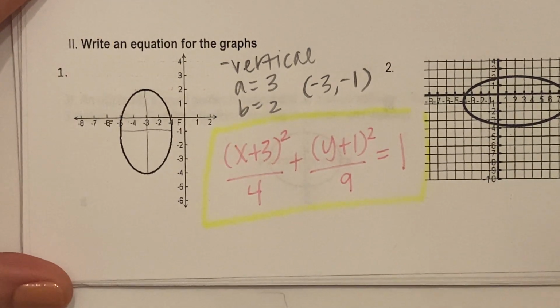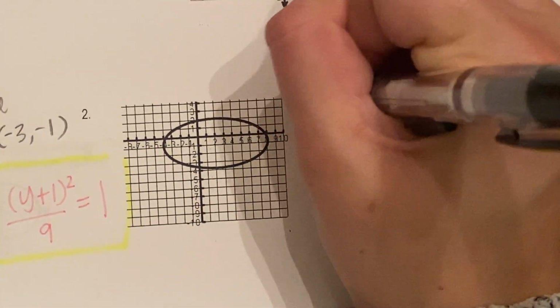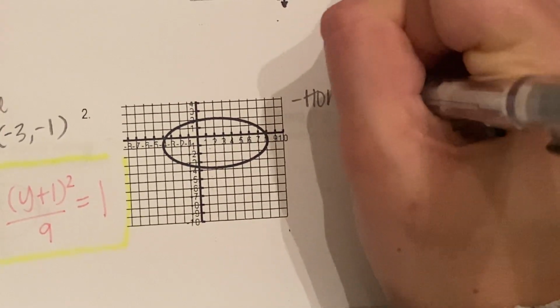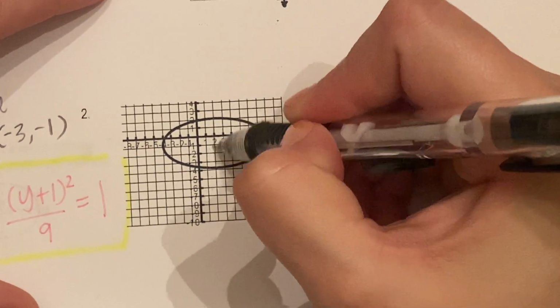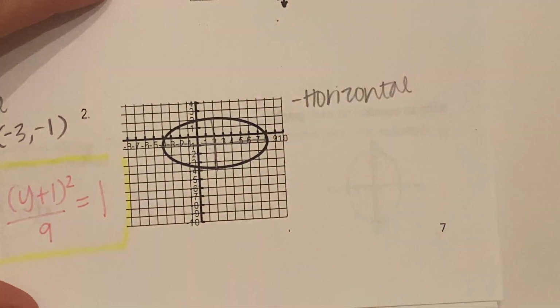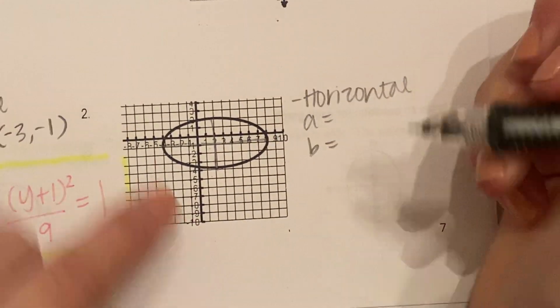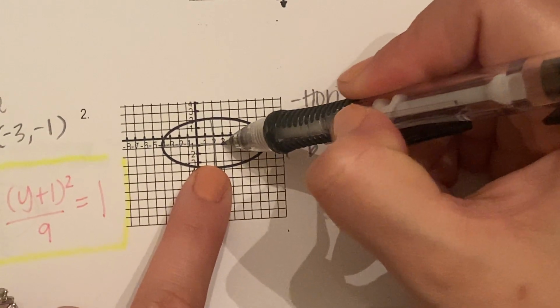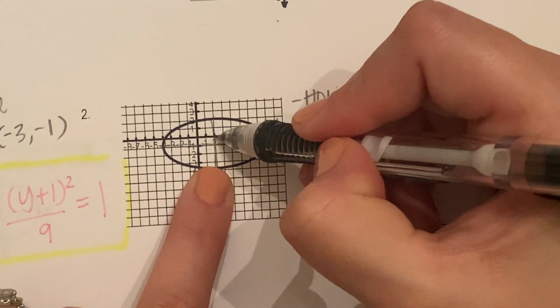Let's try it again for this guy. So I have a horizontal dude here. Okay, this one's a little easier to see, but I will still draw my little X, the cross. So A, B. So the longer section, 1, 2, 3, 4, 5, 6. B is 1, 2, 3.